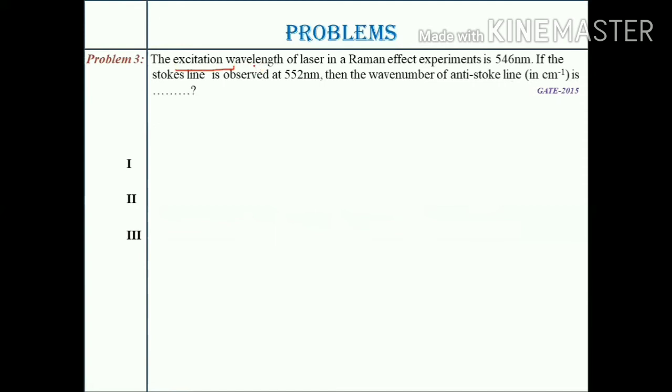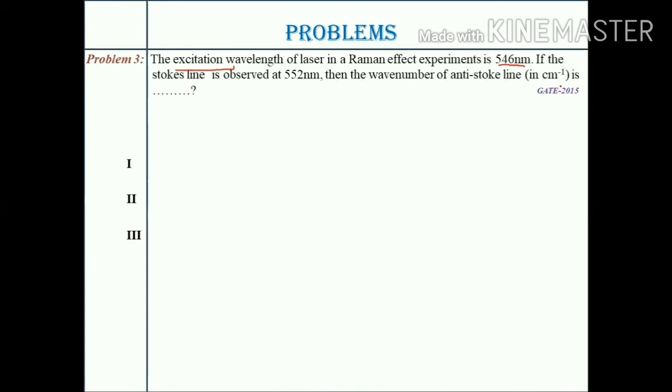It is the Rayleigh scattering. So the Rayleigh scattering value has been given to me as 546 nanometer. Let me proceed. If the Stokes line is observed at 552 nanometer, then the wave number of the anti-Stokes line in centimeter inverse is what?